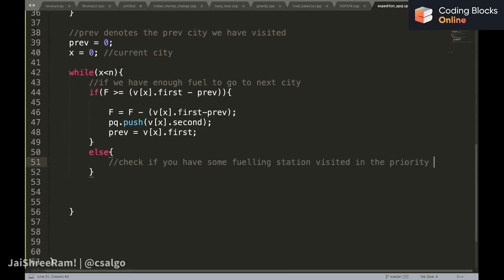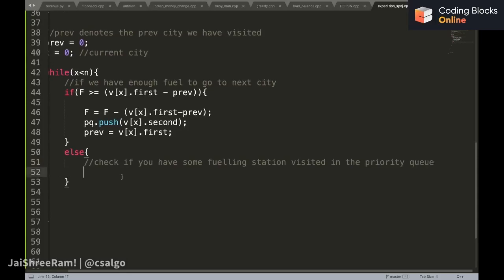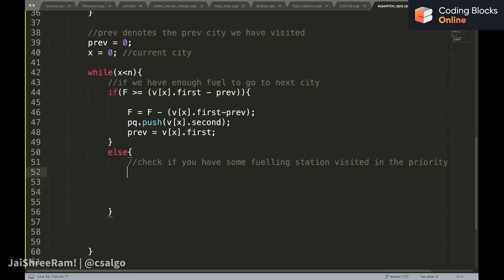So you have encountered some fueling stations on your way. Now there can be two cases, you might not have encountered any fueling stations. So if priority queue is empty, that means no fueling stations were present on your way.